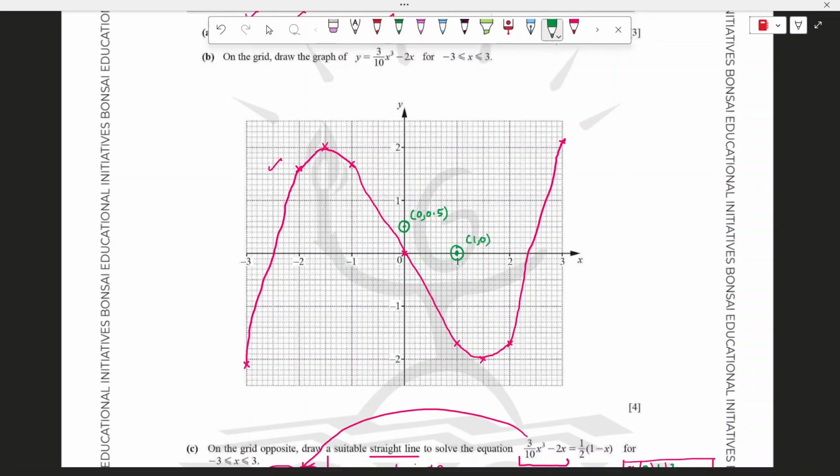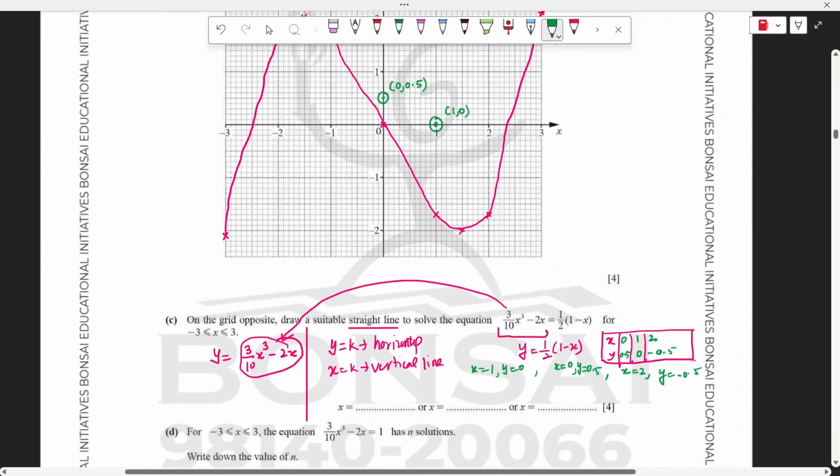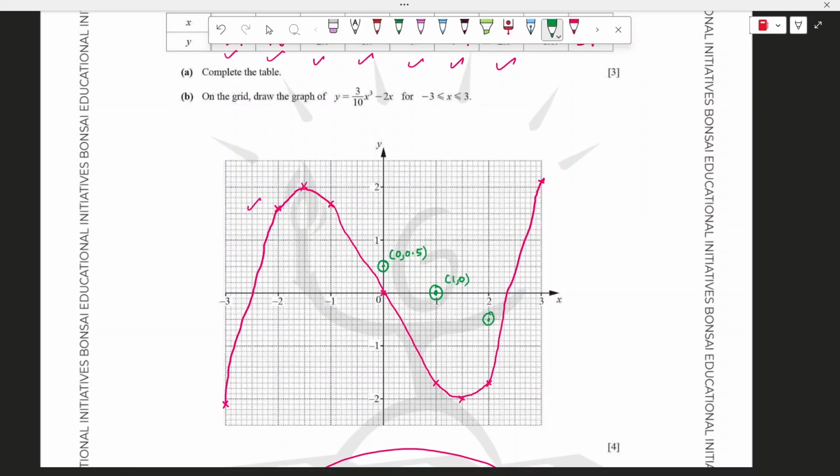The third point is (2, minus 0.5), so we go down here, and this point lies exactly here. We have plotted the 3 points, and they are in a line, so I think my graph is going to be correct.